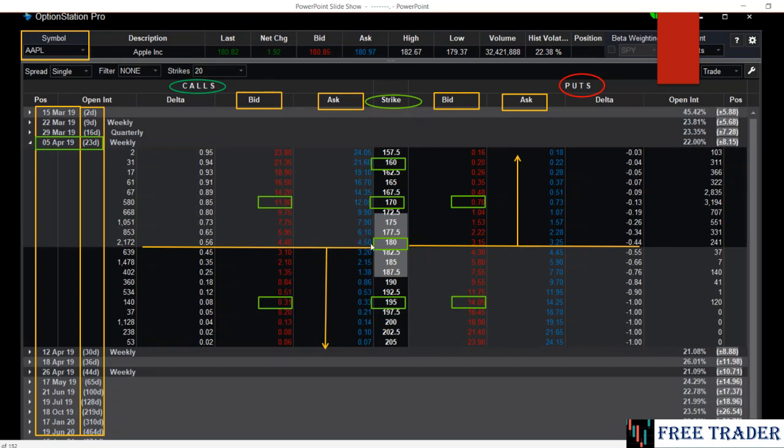So 100 shares, that will be 450 bucks. That's how I will control 100 shares of Apple. That's one contract. So once I do that and the stock comes up to 190, I'm making money. I'm already in profit, and I'll be making money on this call option.